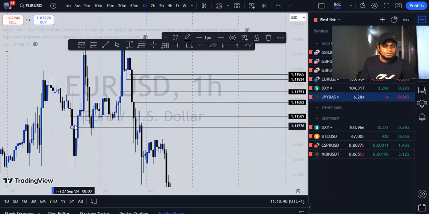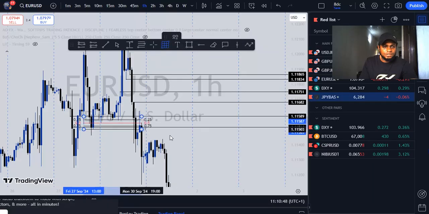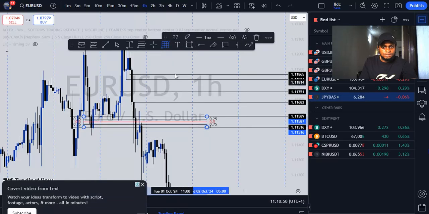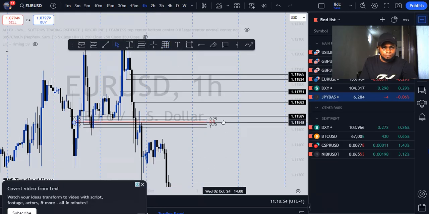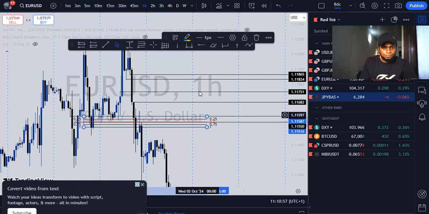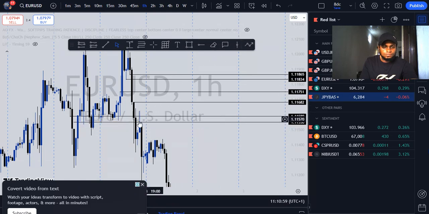So let's say you're using this type of fair value gap for your entry and you're looking for a sell. You might have your entry at half of this place, at half of here.